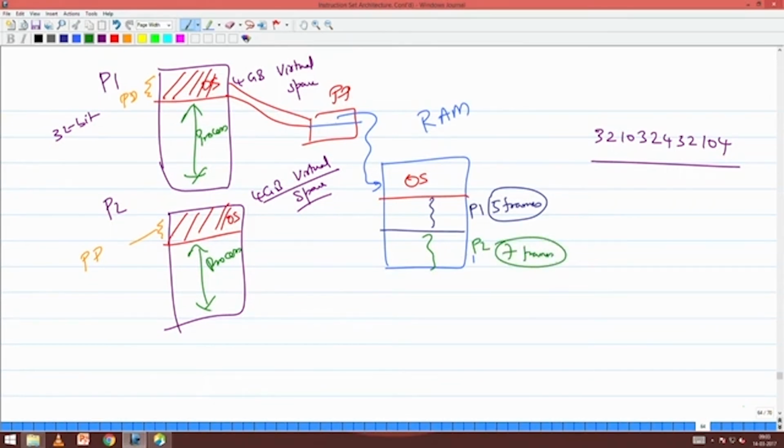Even though P1 is given the entire 4 GB of address space, when P1 is executing, the OS pages are mapped here, and there are only some pages. All the pages here have to get mapped onto these 5 pages. So to execute this entire program marked in green here, I have only 5 pages given to me.